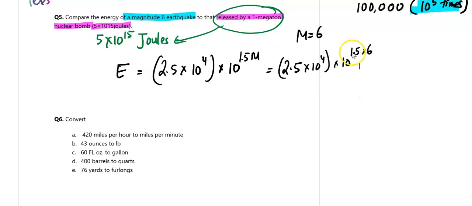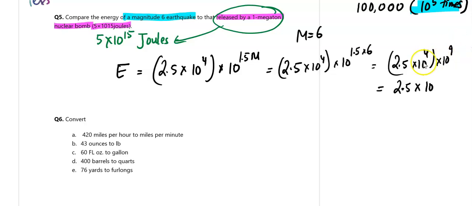You multiply 1.5 and 6, you get 9, so it's 2.5 times 10 to the power 4 times 10 to the power 9. You use the exponent rules: you add the exponents because the base is the same, 10 and 10, and you get 13. So this much joules.